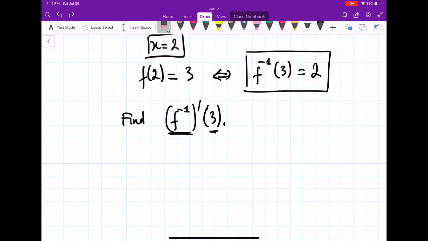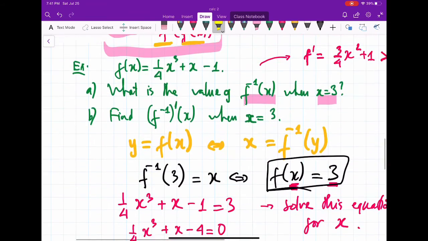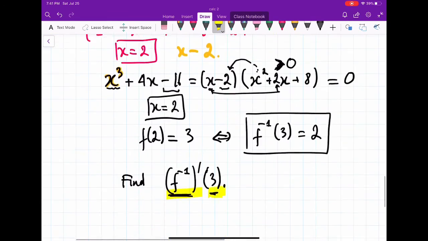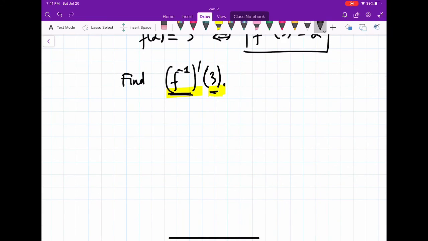Now, let's find the derivative of the inverse function at x equal to 3. So we need to apply the formula, this one. We need to find the derivative of the function and then apply it to the inverse at that point. So let's do that.